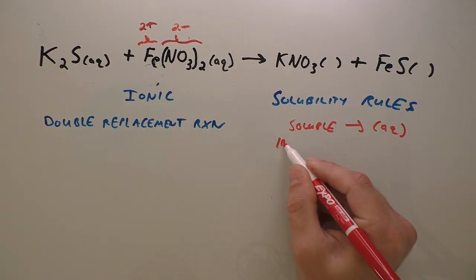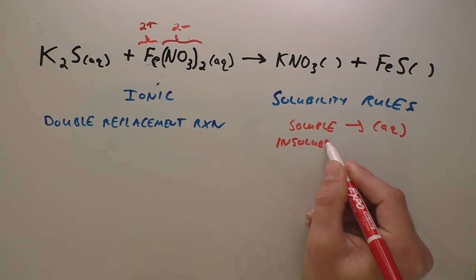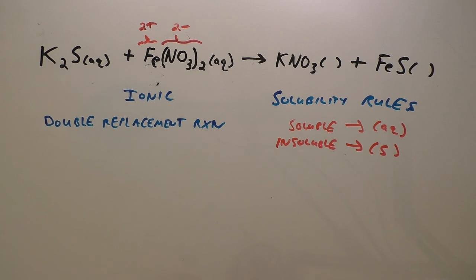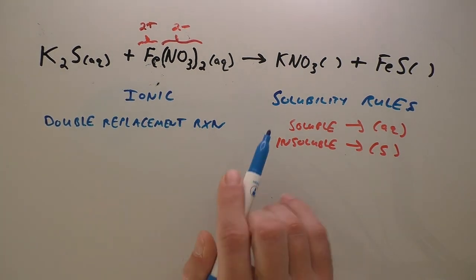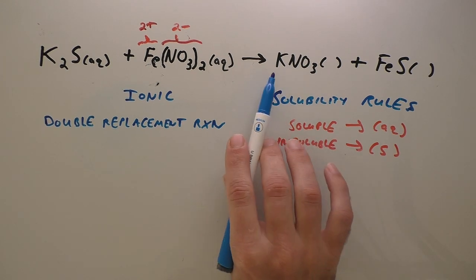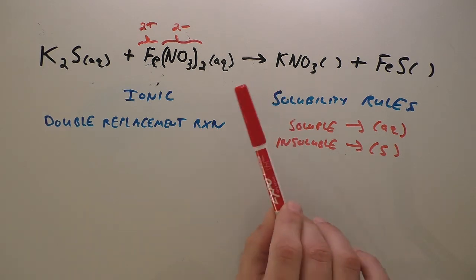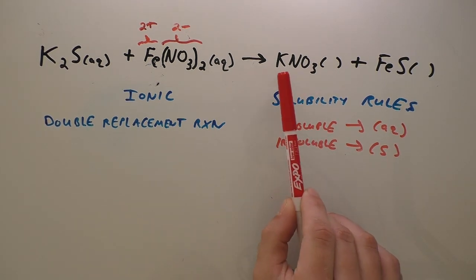If it's insoluble, if it does not dissolve in water, then it's going to be an S. So if we look at potassium nitrate, just from my memory banks, and I don't have a table in front of me, potassium nitrate, well, obviously we have two ions, right?